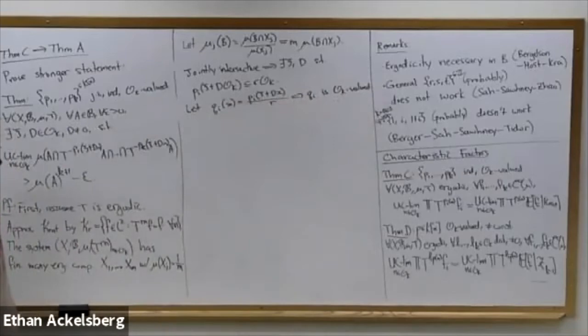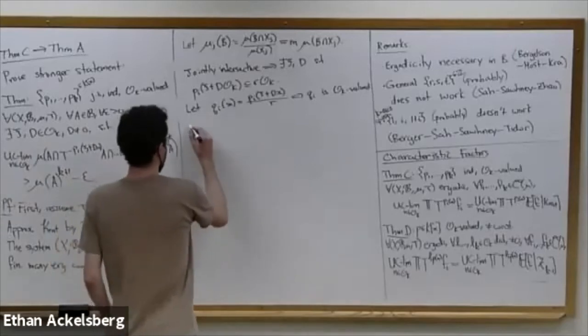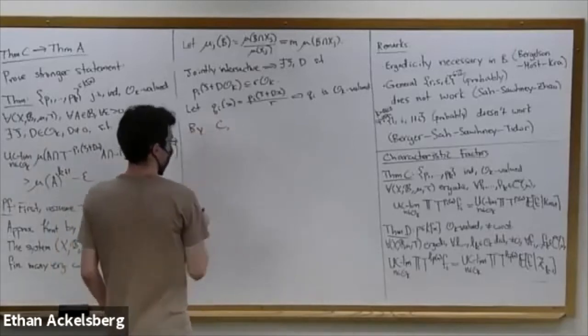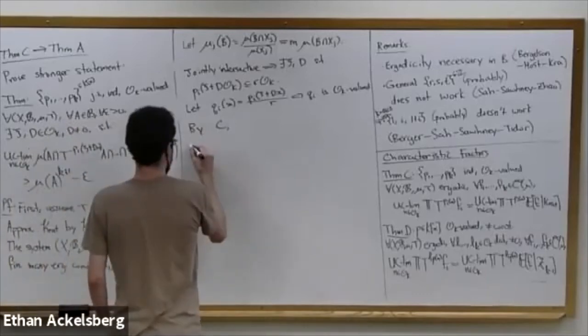But now this expression is going to look like t to the r times qi, and so we can use some nice information about powers of r, or multiples of r. So by theorem C, let's look at this limit.